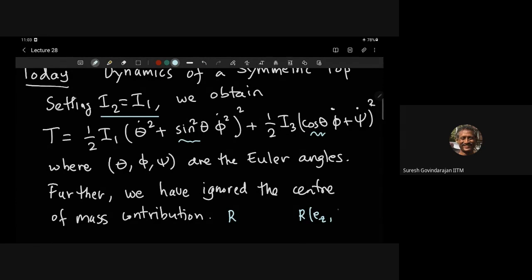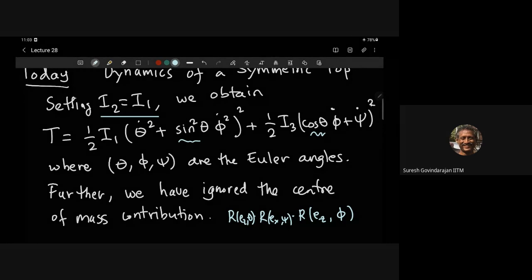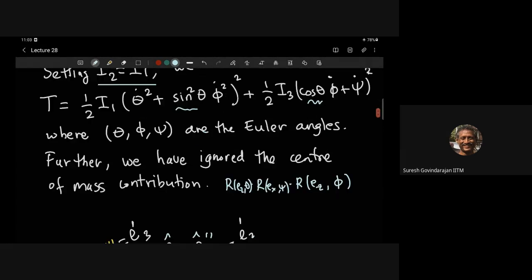Phi. Then about the x-axis by psi, is it? And then theta. It was a sequence of these three, and so let us just draw a picture to see how all these various angles work out.